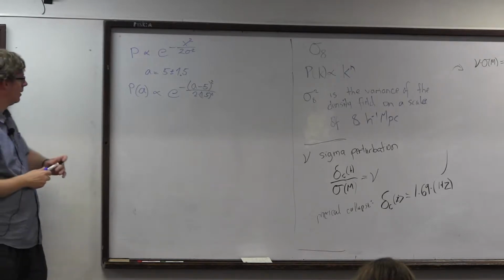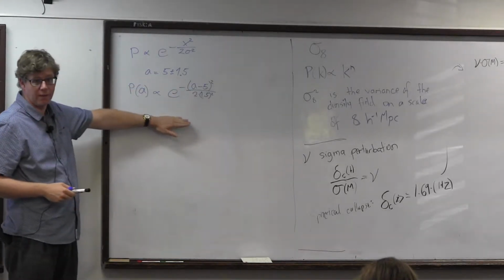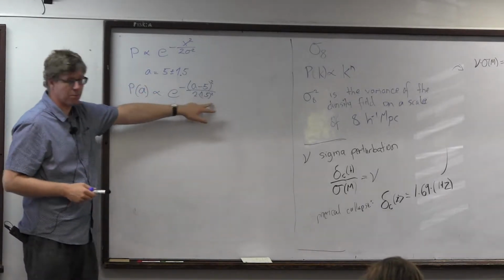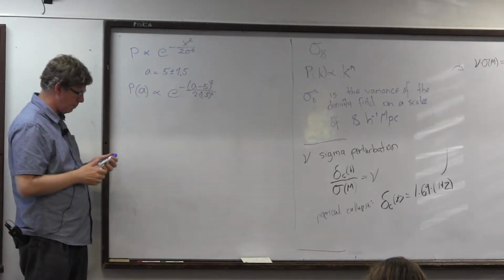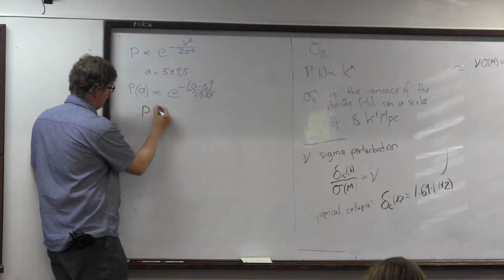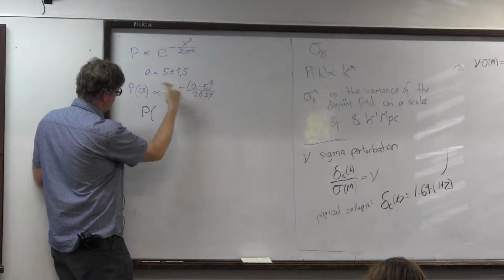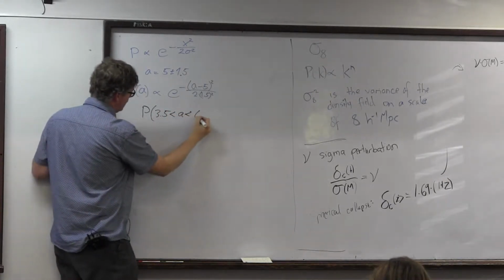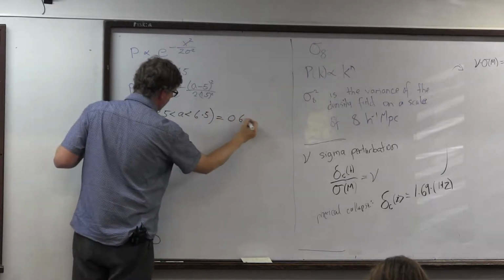Okay, that's what the error bars on a measurement mean. It means literally this. This is just a shorthand for writing down that the likelihood of a measurement has a distribution like that. And so then you can integrate these things up, and you find that the probability that A is between 3.5 and 6.5 is 0.68.